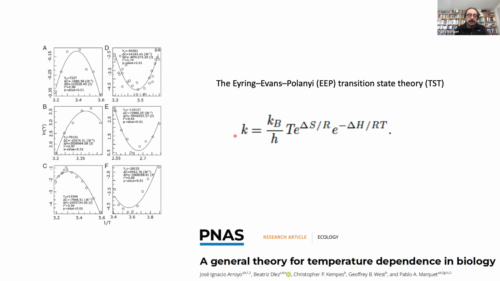temperature. And not too long ago we did this theory for understanding rates in a very general way, how they are being driven by a theory, which is the Eyring-Evans-Polanyi transition state theory, that gives you a way of understanding what is driving traits from metabolism, population dynamics, community dynamics, diversity, abundance.